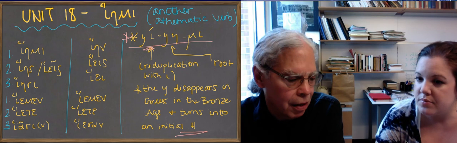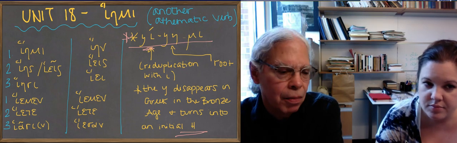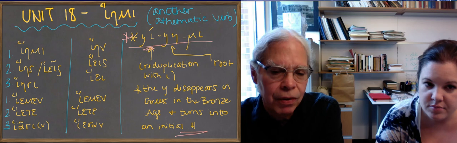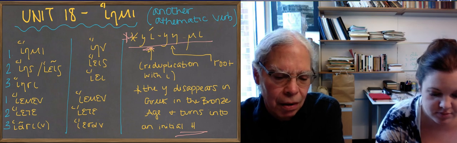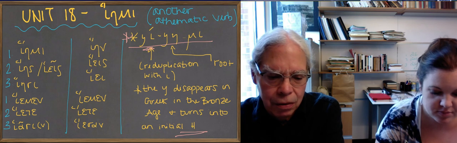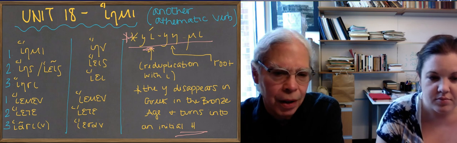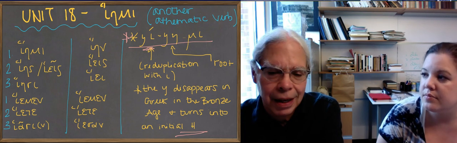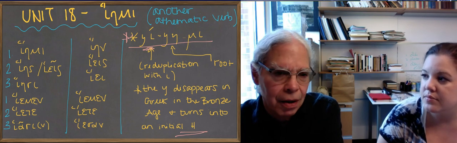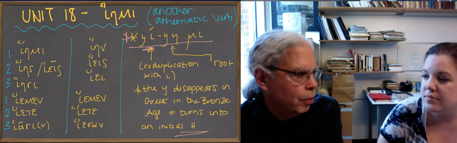But then in the aorist you're going to have no reduplication, so the root's just going to be he, or whatever it is. The principles of it are the same.